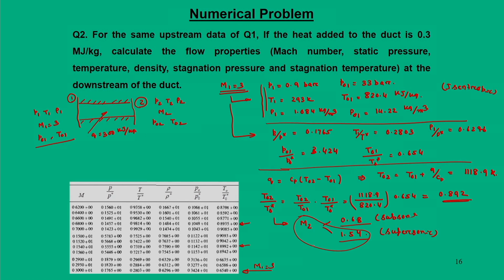Now, when I say M2 is 1.54, then I can compute P2. So, I have to take all the data as this.